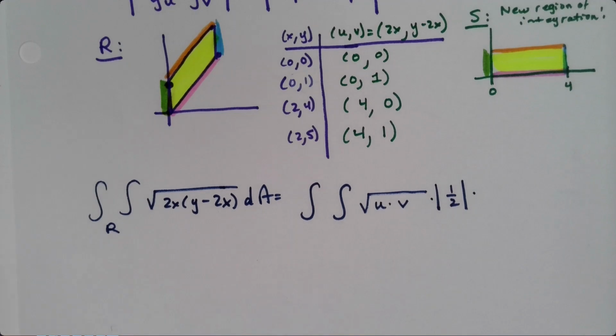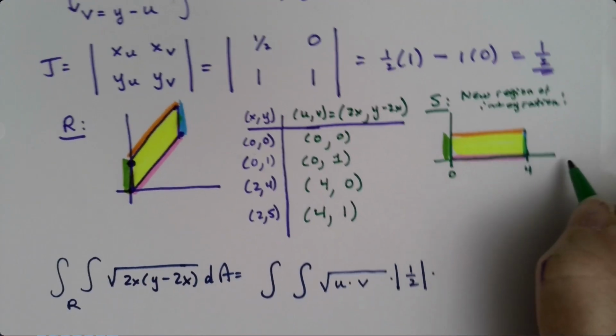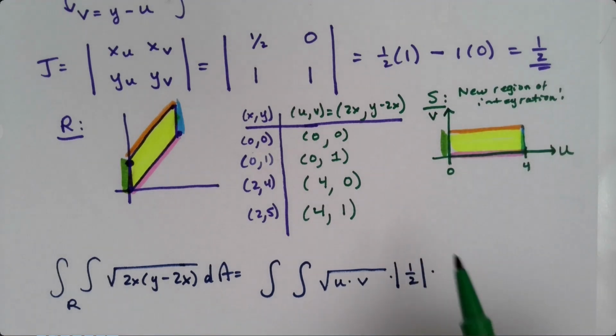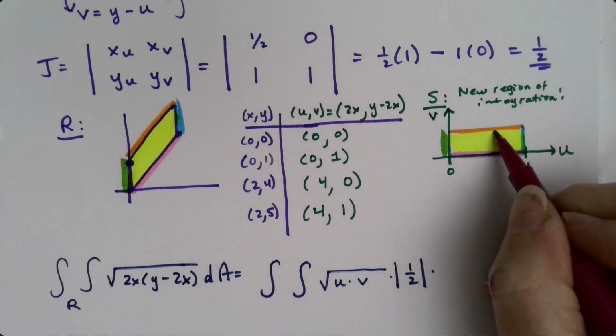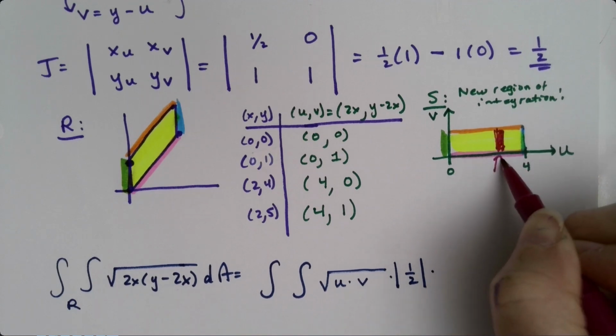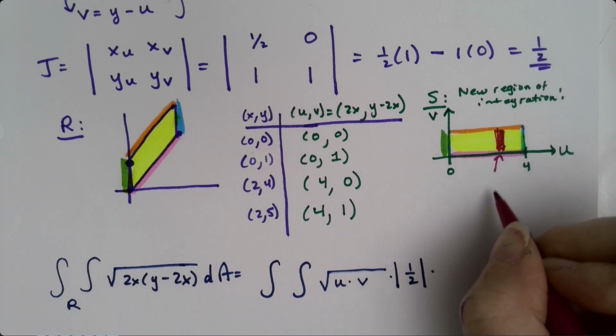and then we have to decide if we're going to go dv du or du dv. It doesn't really make a ton of difference. I'll just mention, I should have put this up here before. This is the u-axis now, and this is the v-axis. So if we go this way, vertical, as we're usually used to doing, that's dv du.